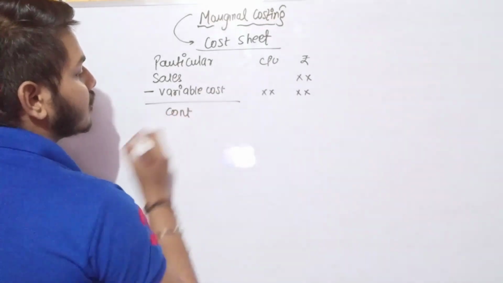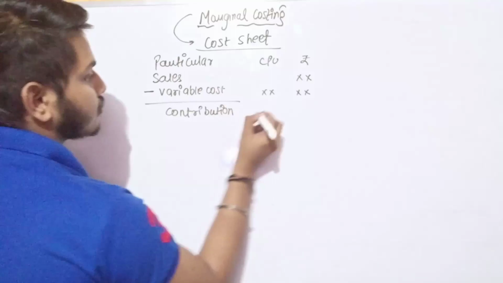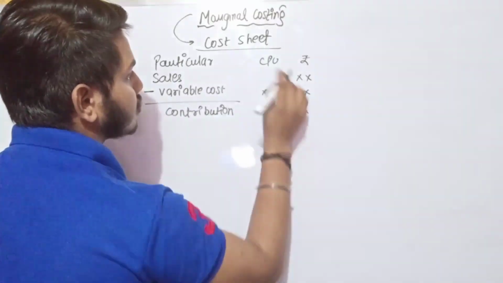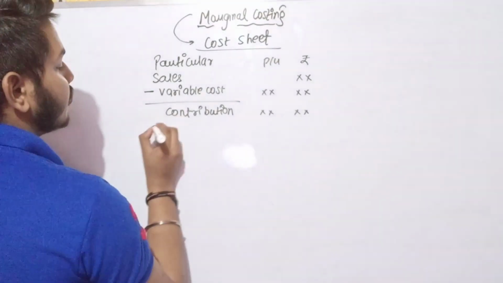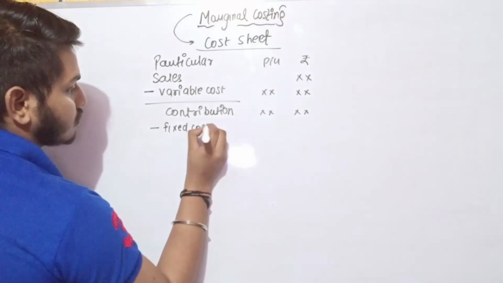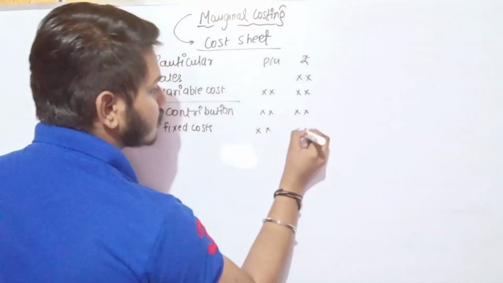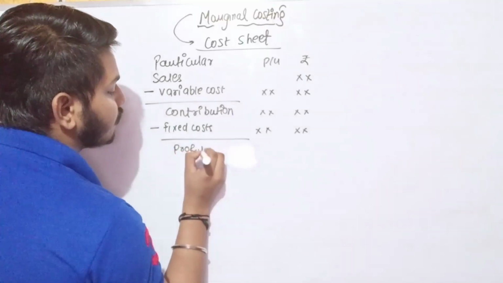Then we will be getting contribution. Let us write it as per unit only. Then we will be deducting fixed cost. Then we will be getting profit.